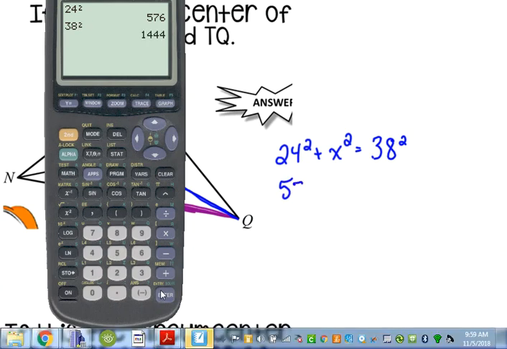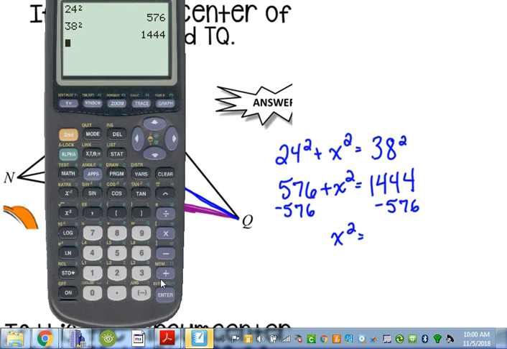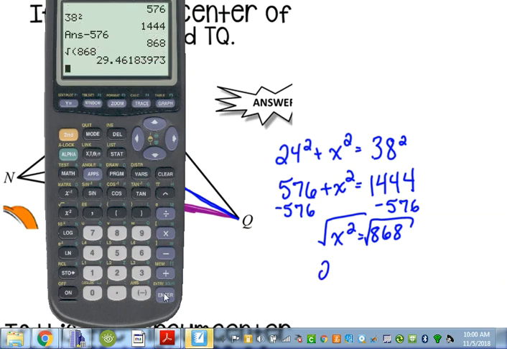So we've got 576 plus x squared equal to 1444. Subtract. 868, square root, 29.462.